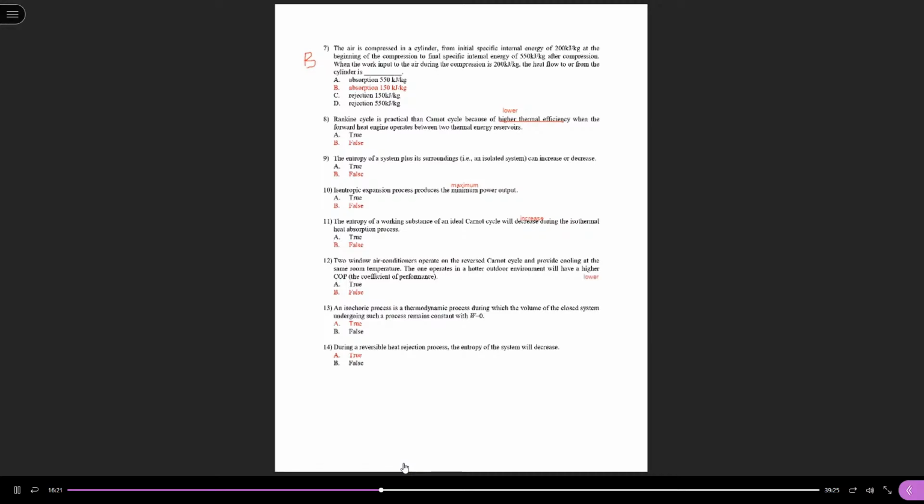As I have mentioned, if there is no change of volume, then there is no work. And during a reversible heat rejection process, the entropy will decrease. Yes, it's true. It's similar to our first question.